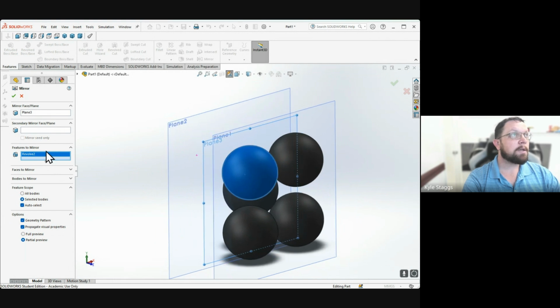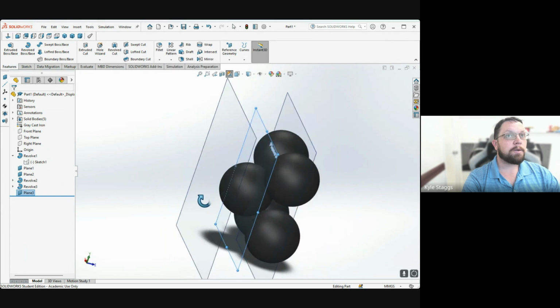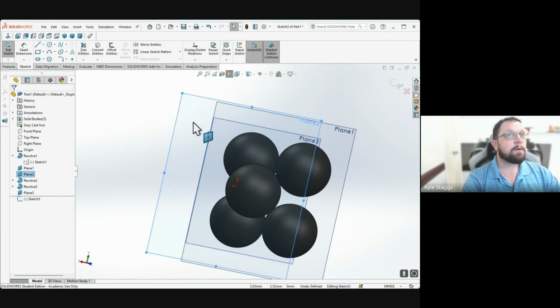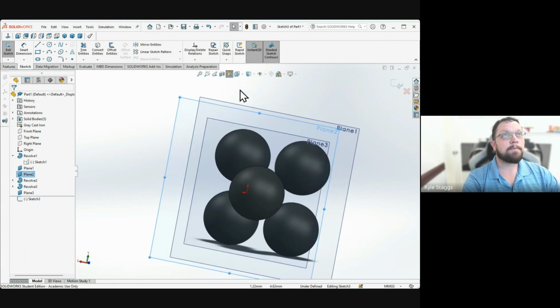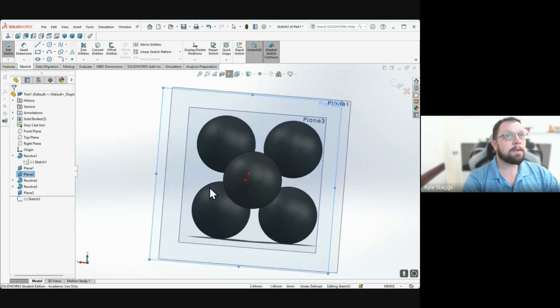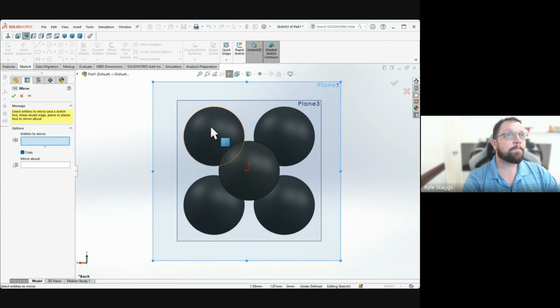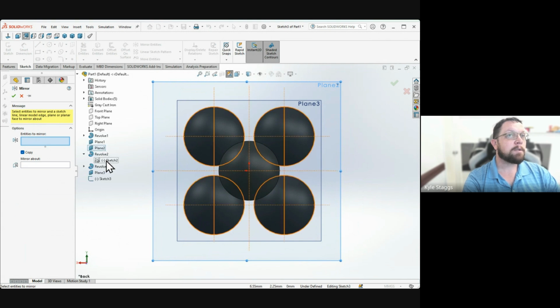So instead, what we can do is we can do it the old-fashioned way on plane 2 and get our mirror, and what we really want is sketch 2.